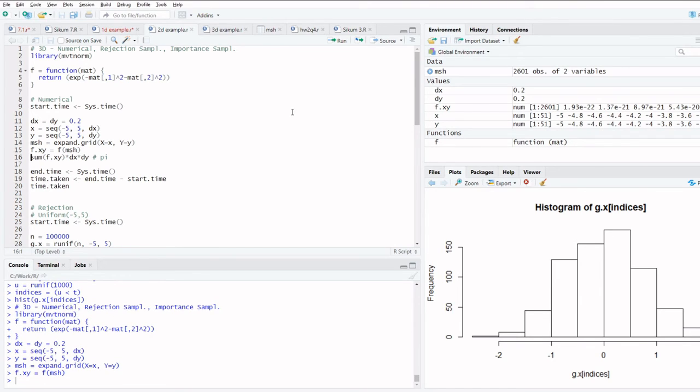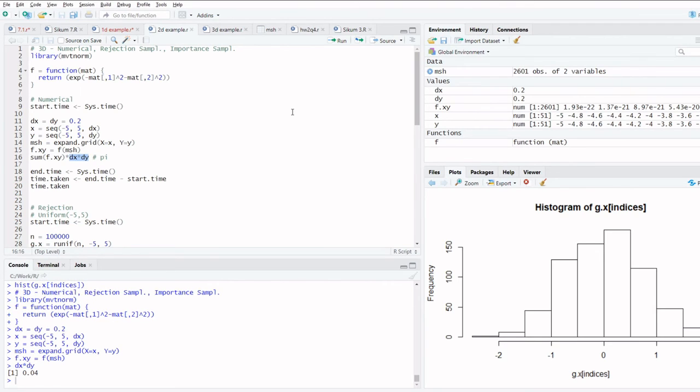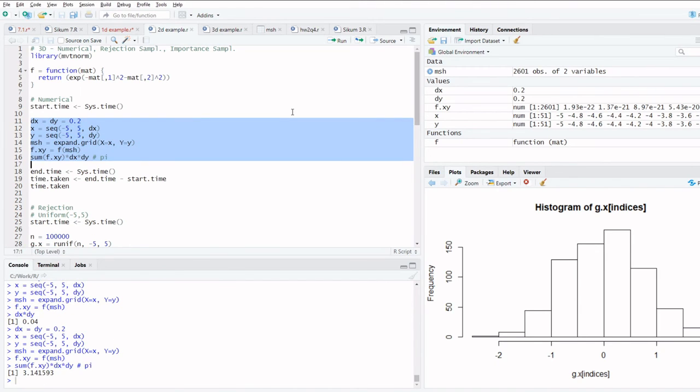And then we just sum over all the values of the function and multiply that by the length of the intervals. And notice that this time we have to multiply it by both intervals. So if we do this, we get that the integral sums up to pi, which is the actual value of the integral.